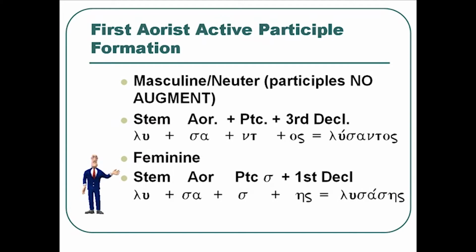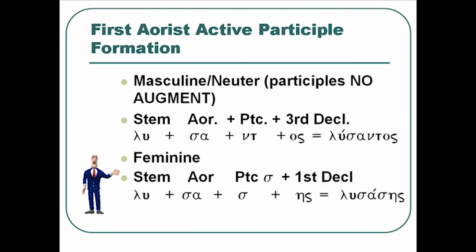The feminine, as you'd expect, no augment. The augment is actually found in the indicative and not found elsewhere. So no augment in the participle and other forms except for the indicative. So it starts out with the stem lu from luo. You've got the aorist sa stuck in, and then the participle takes an extra sigma here, which is different than our u form that we had in the present participle.